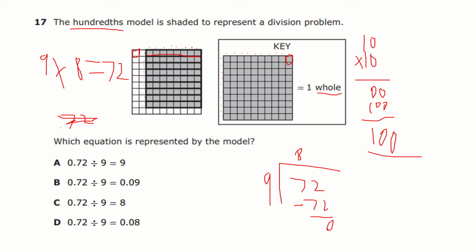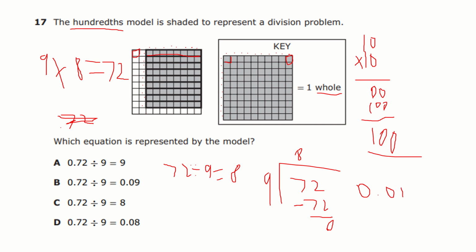So you would think that the equation could be represented by 72 divided by 9 equals 8, but you have to remember, each block is not a whole in itself. It is one part out of 100. In decimal form, that's not 1 but 0.01.